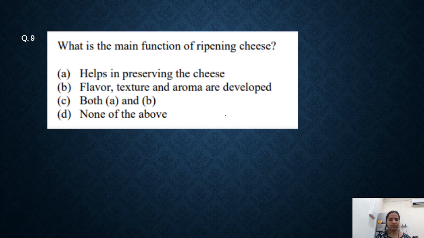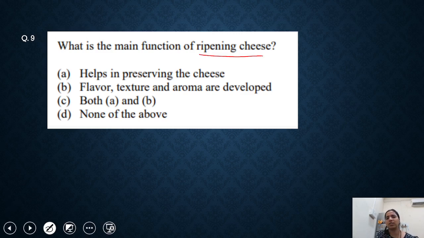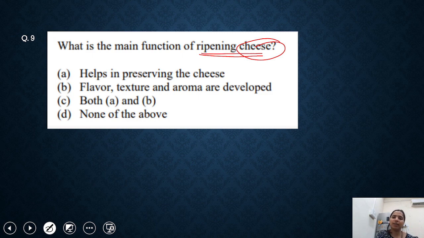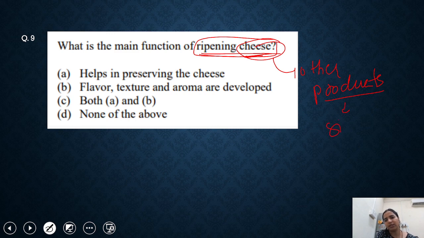As we have previously discussed the four steps in cheese formation, in the last question itself, ring formation mainly helps in preventing the losses and contamination. And ripening is the latest stage. Normally, ripening of any component, not only cheese but even other products, performs a similar function.